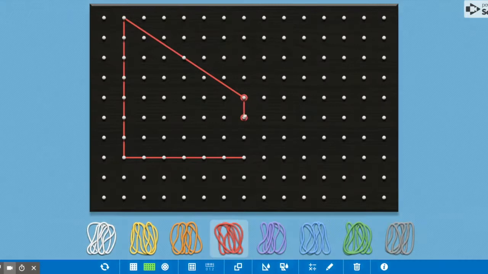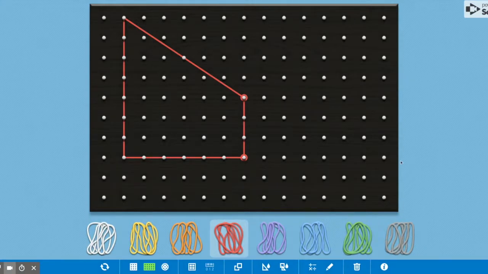Is that a trapezoid? Yes, because we learned that a trapezoid is at least one set of parallel lines. Everybody show me with your hands where the parallel lines are. Oh, yeah, they're on the sides. Good job. They are on the sides.